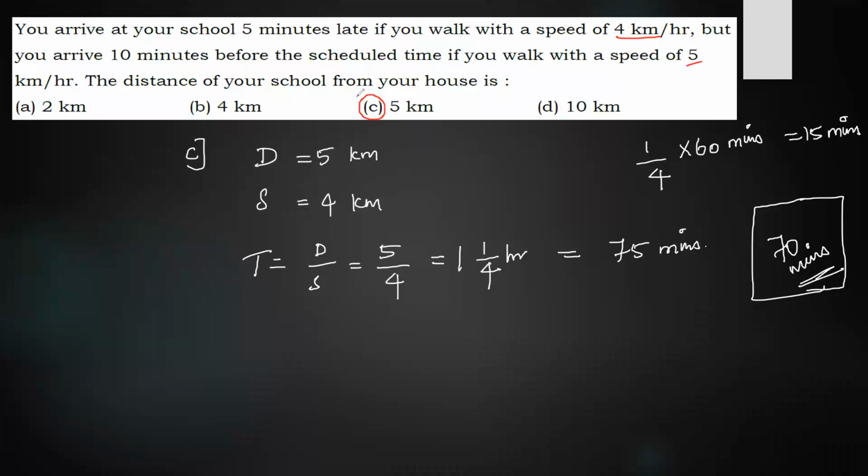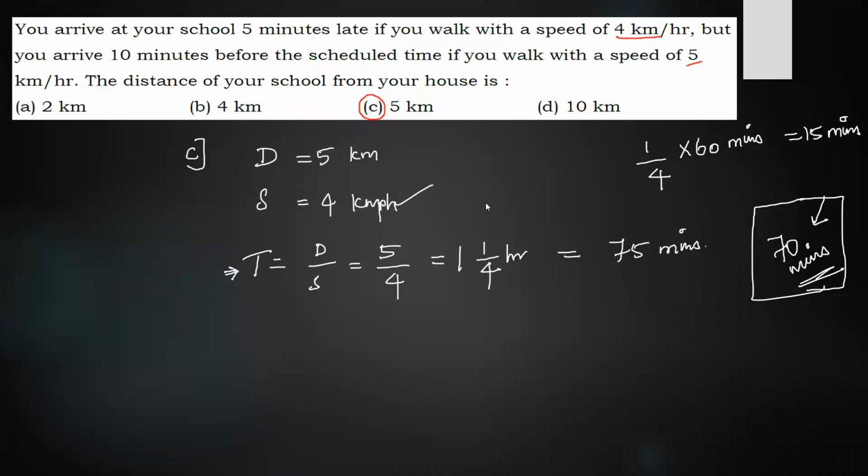The question says if you walk at a speed of 4 kilometers per hour, you are 5 minutes late. So first I'm finding the time at 4 kilometers per hour, and you get 75 minutes, which is 5 minutes late. Therefore the correct time is 70 minutes.